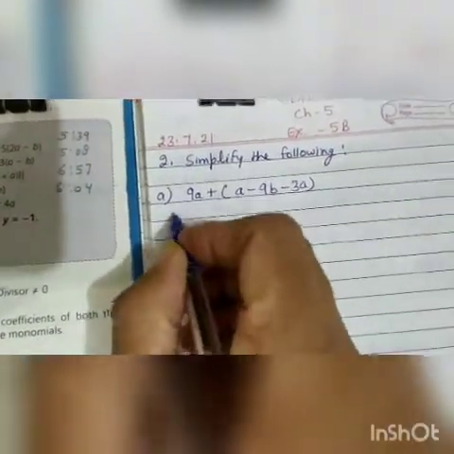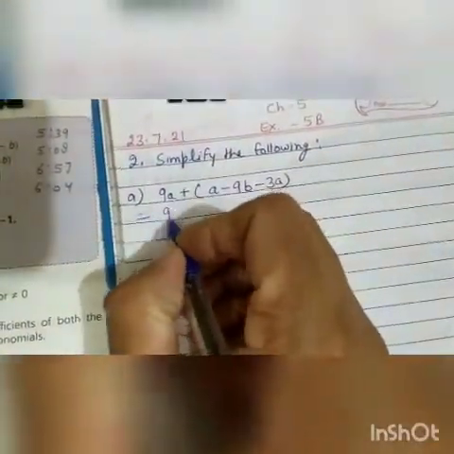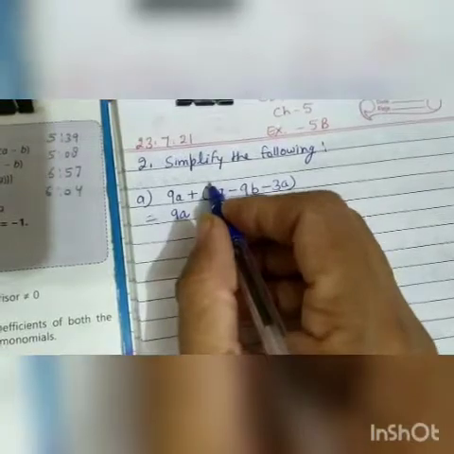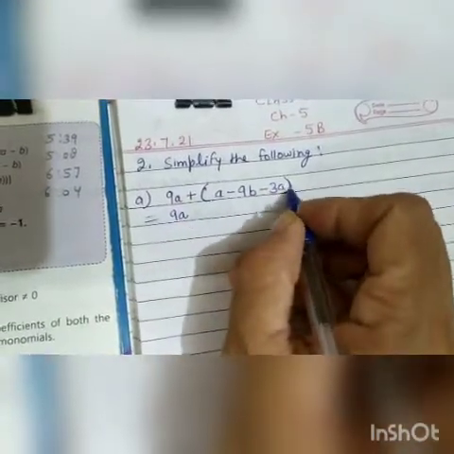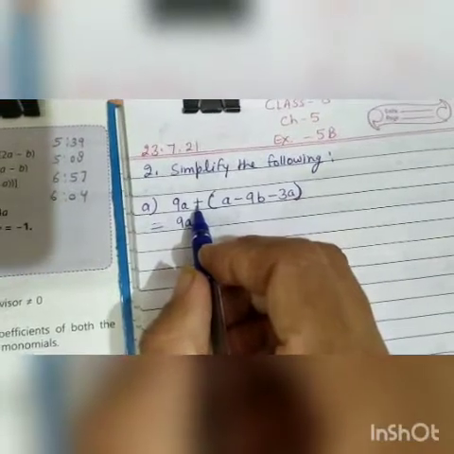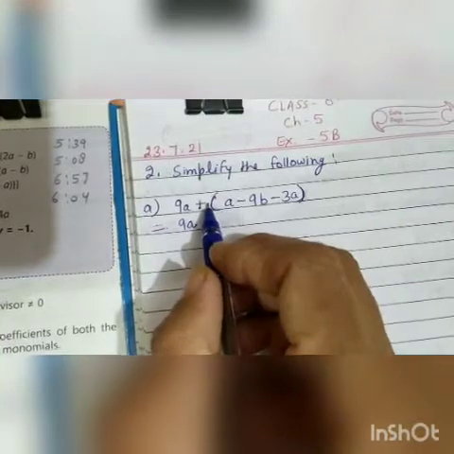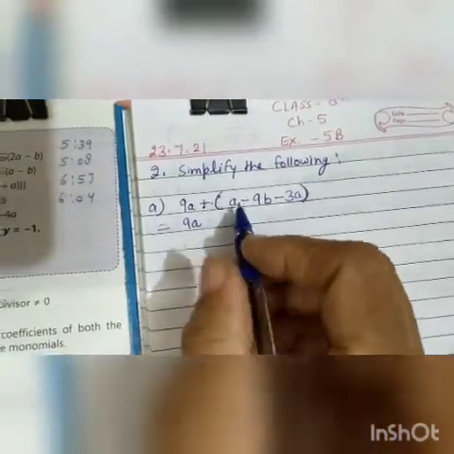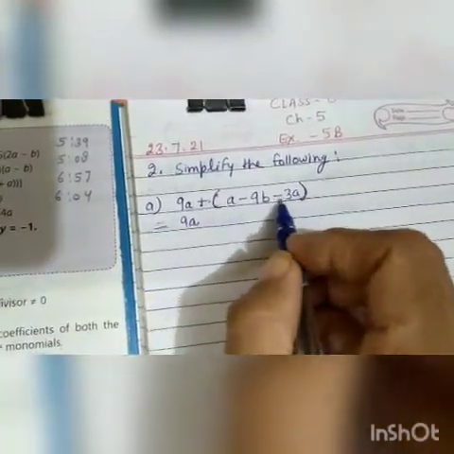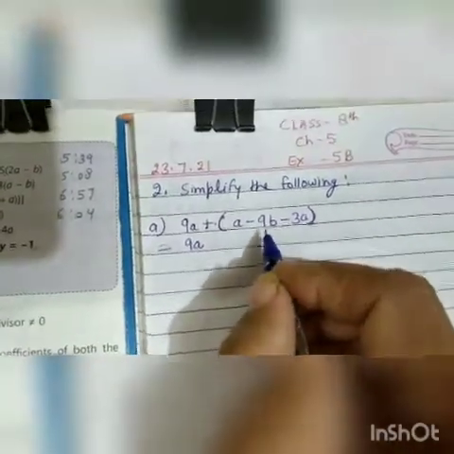So students, how will we simplify it? We will write this 9a as it is. Now we will remove this bracket. Outside this bracket there is a plus sign and no number for multiplication. So we will simply write all the terms of this bracket as they are, without changing any sign.